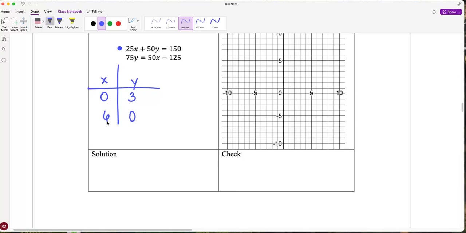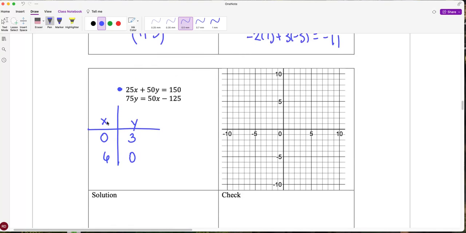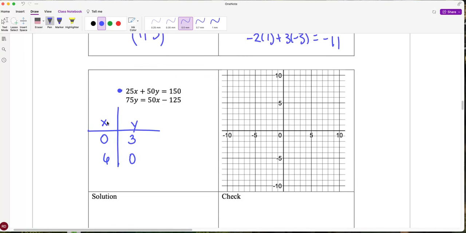So I know that that line goes through those particular points. So 0, 3, right here, and 6, 0. So that means the slope of this line is -1/2. Anytime you go up 3, you go over 6. So up 3 over 6, right there. Okay, so let's draw that line.